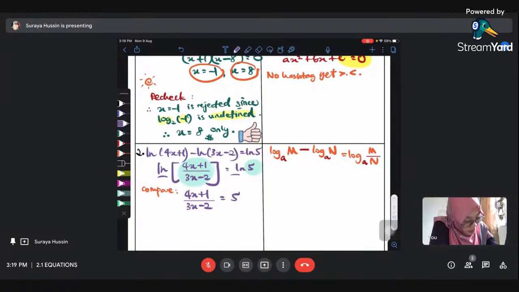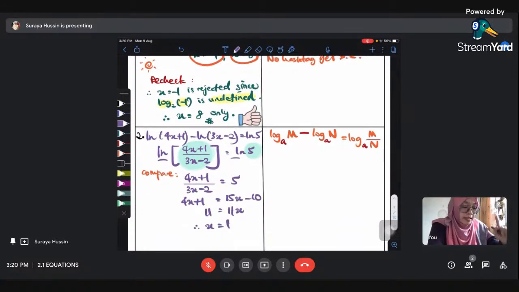And therefore, you solve it. 4x plus 1 is equals to 15x minus 10. Therefore, you will get 11x. And here is positive 11, therefore your x is 1. 11 bahagi 11 is 1. But this is not, is it a hashtag? Is it a hashtag for us? Boleh hashtag? Boleh letak?